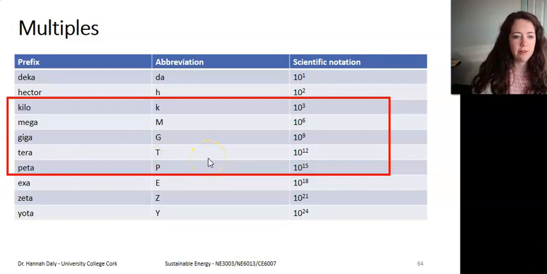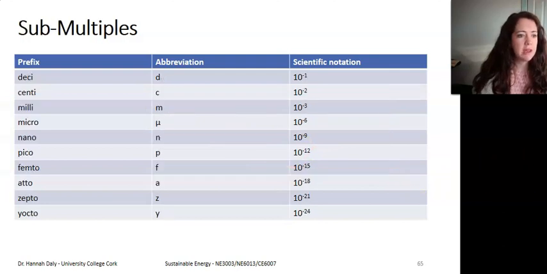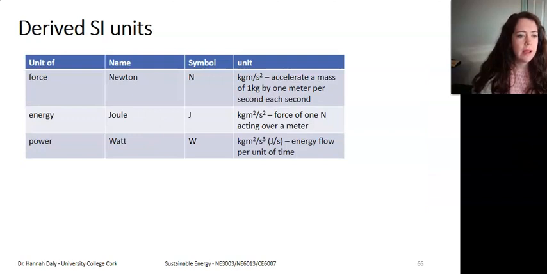Peta doesn't come up very often, but kilo, mega, giga, tera, peta. That will help you. They're all capitalized except for kilo, for k, and just remember that capitalization again. Submultiples we don't typically use, maybe the milli, 10 to the minus 3, so a 1,000th of something, but I thought I'd include that as well.